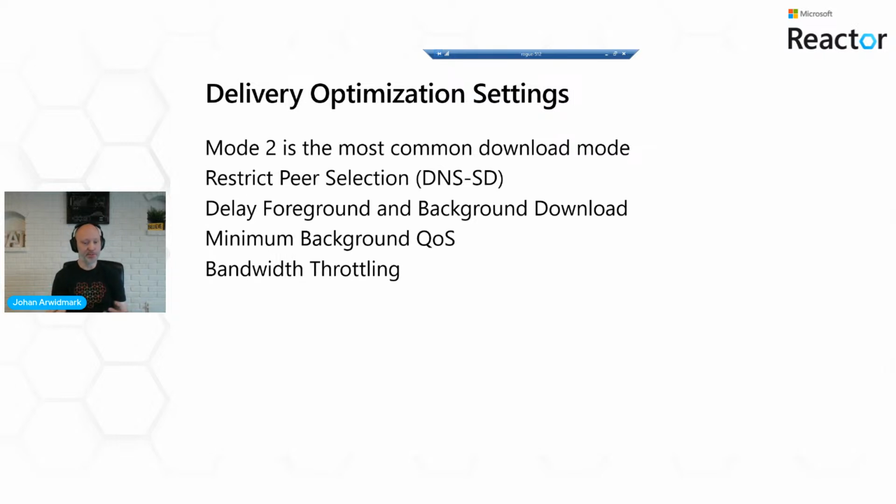The trick when using peering for any type of delivery optimization content, it doesn't matter if it's Windows updates or if it's feature updates coming down from Intune or even applications coming down from Intune. These settings apply to all of that. You want to group machines that are well connected to each other. So if you have an office with maybe 2 networks or 2 subnets and a few hundred devices, they are often quite well connected to each other.